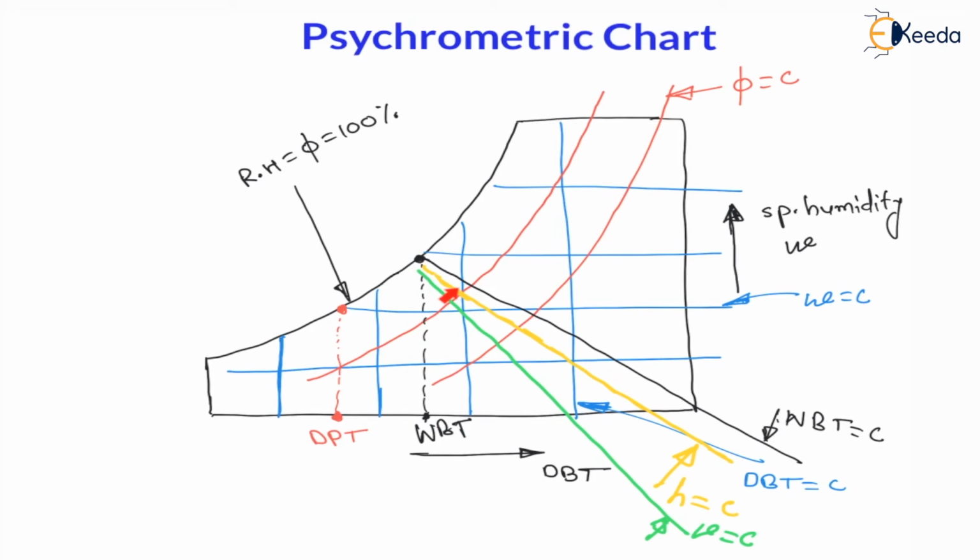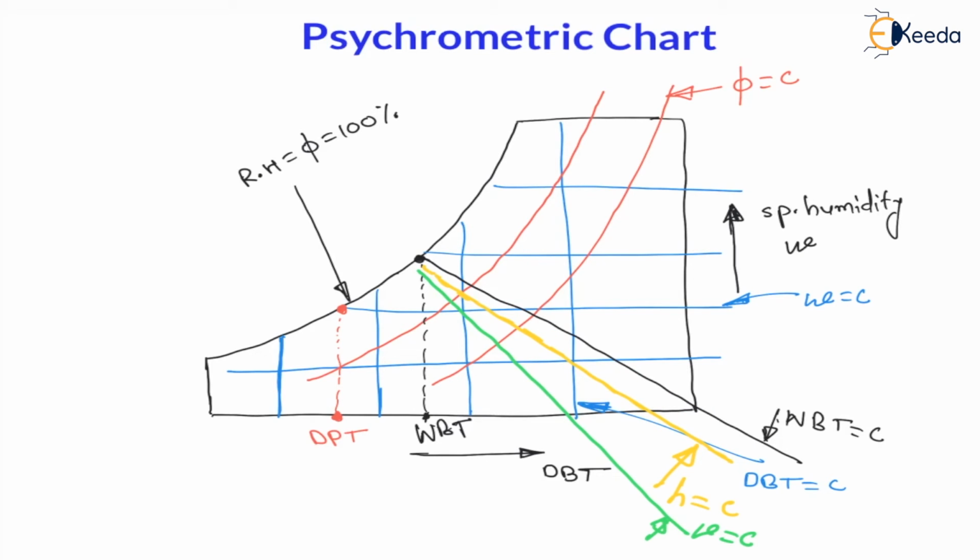Again, constant enthalpy lines are also inclined lines sloping downward to the right, and the constant wet bulb temperature line and constant enthalpy line are considered as parallel lines, but they are not coinciding. Then constant specific volume lines are also inclined lines sloping downward to the right, but they will have more inclination as compared to the constant wet bulb temperature line or constant enthalpy line.